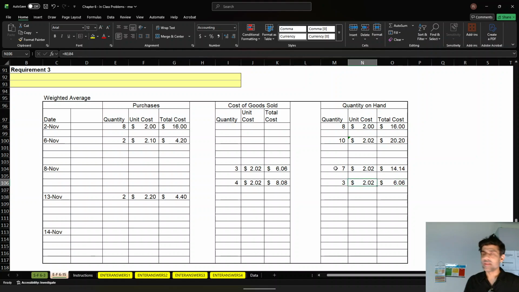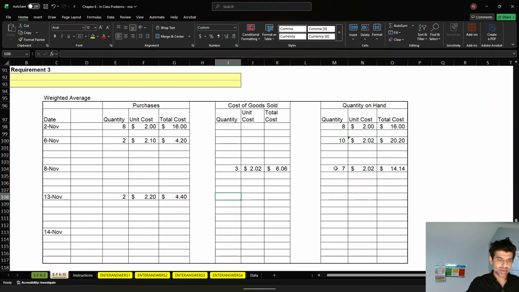So this $2.02 is the value I'll use for cost of goods sold until I have another purchase transaction. It's going to carry forward until I have to recalculate the average. I only have to do that when I buy inventory at a new price.